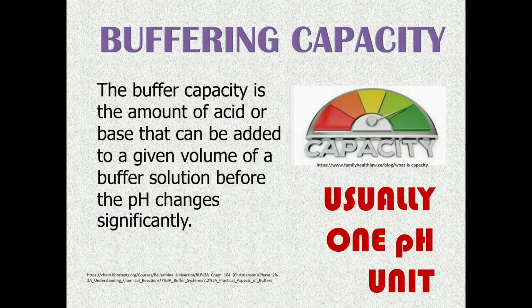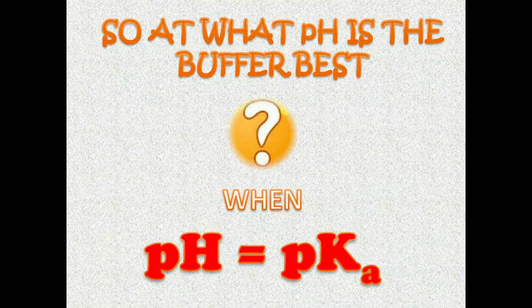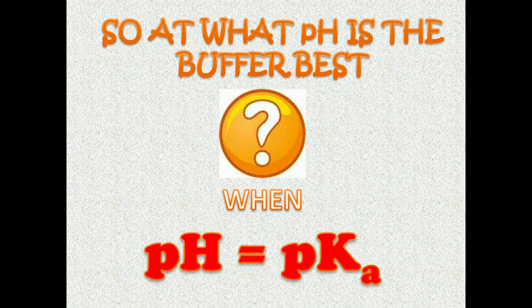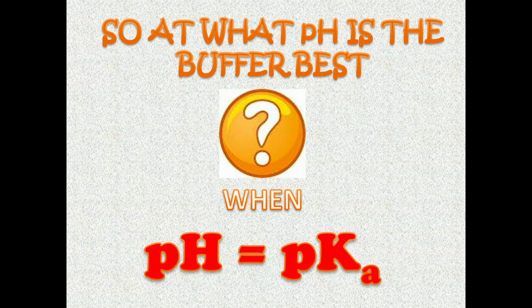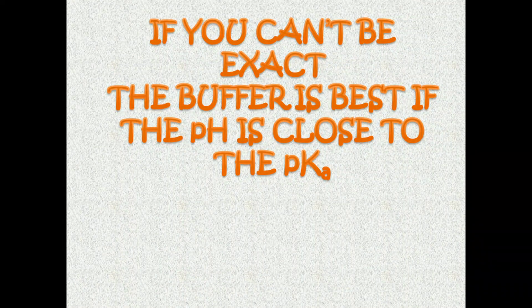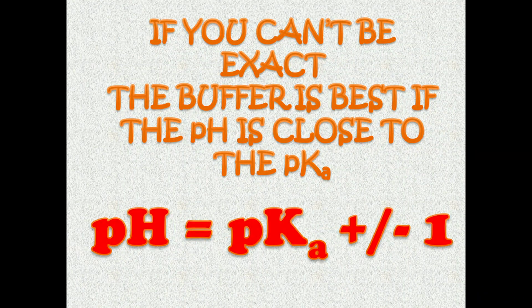So when I'm saying capacity usually within 1 pH unit, that's 1 pH unit of pKa. My best situation is when the pH is exactly equal to the pKa. Can't always do that. I can't always find a Ka that matches the pH that I want. So if you can't be exact, find a pH that's as close to the pKa as you can, plus or minus that 1 unit.